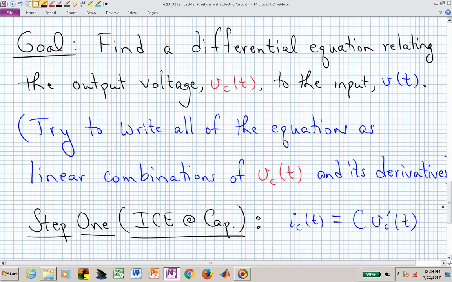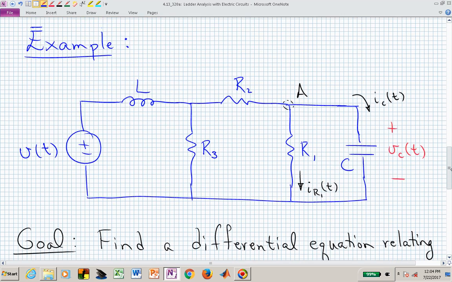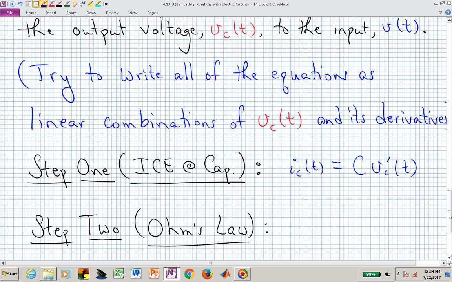In fact, the current I sub C is a scaled version of the derivative of that output, and the scaling is the capacitor C. We now have I sub C of t written in terms of V sub C. We can also write I sub R sub 1 of t in terms of V sub C because R1 and C are in parallel, which, by just using Ohm's law, we can see that I sub R sub 1 of t is equal to V sub C of t over R sub 1.